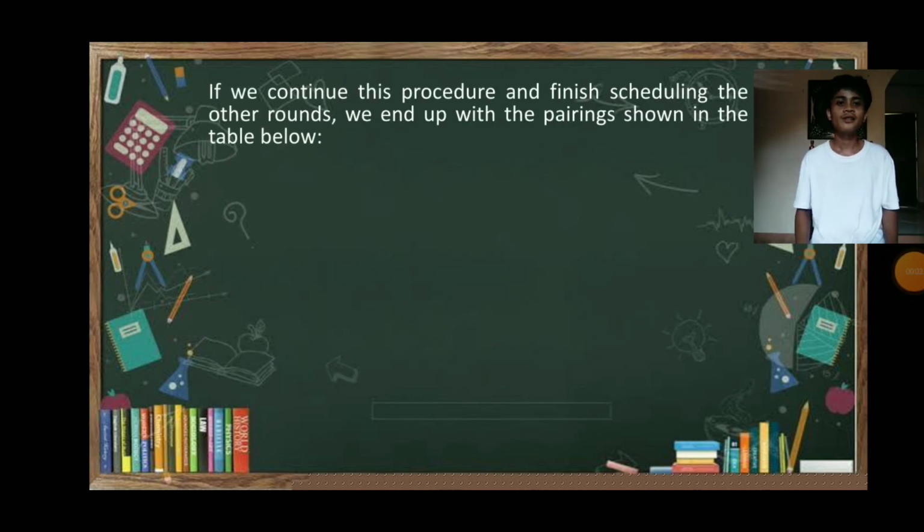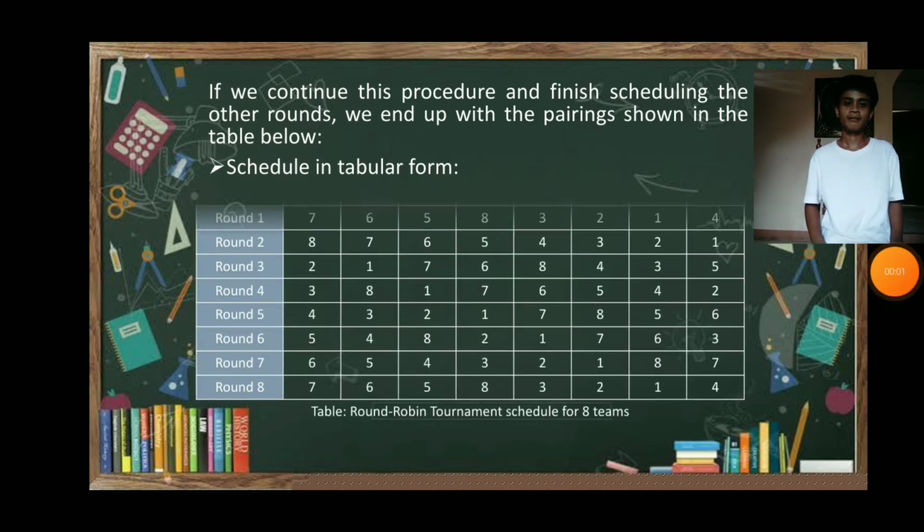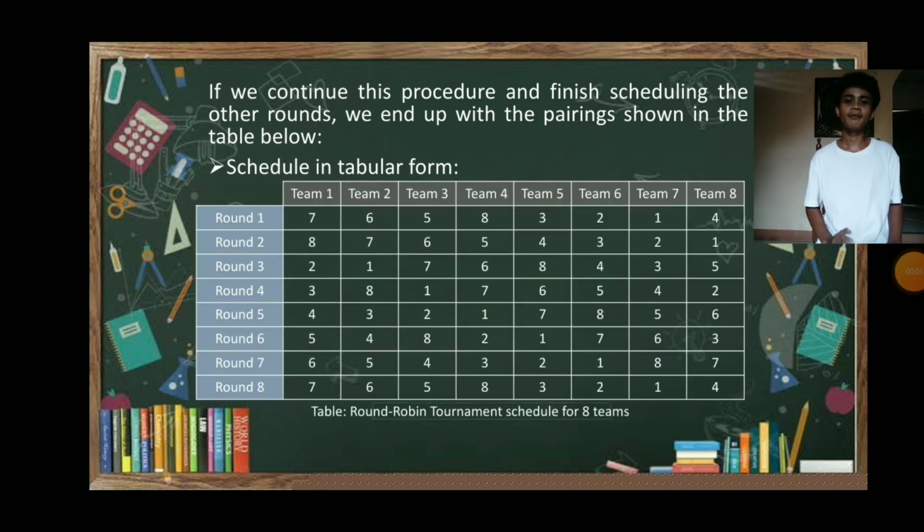If we continue this procedure to finish scheduling the rounds, we end up with the pairing shown in the table below. Schedule in tabular form. In tabular form, we have round 8. Team 1 paired with Team 7.